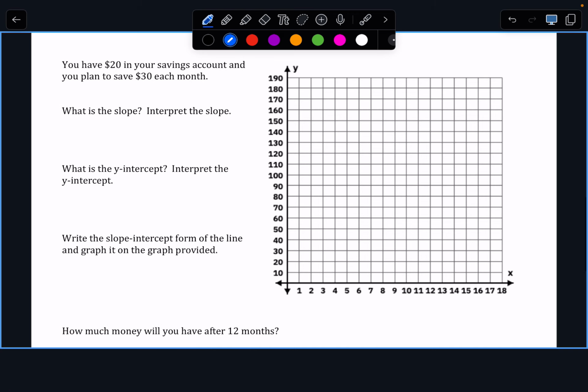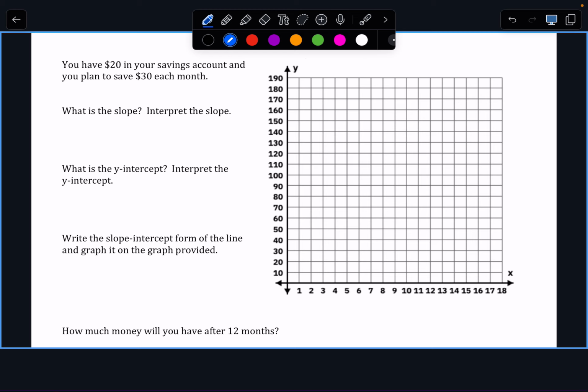All right. On the back, we have $20 in our savings account, and you're going to save $30 each month. I'm giving you two numbers. One is a slope and one is a y-intercept. Which words do we need to look for when we look for our slope? Each, or the word per, P-E-R. Do you see per or do you see each? I see each.